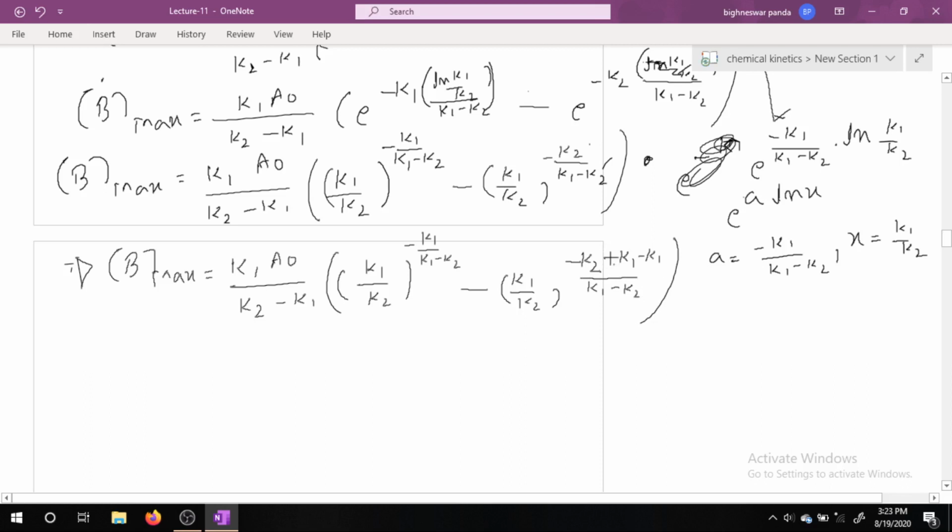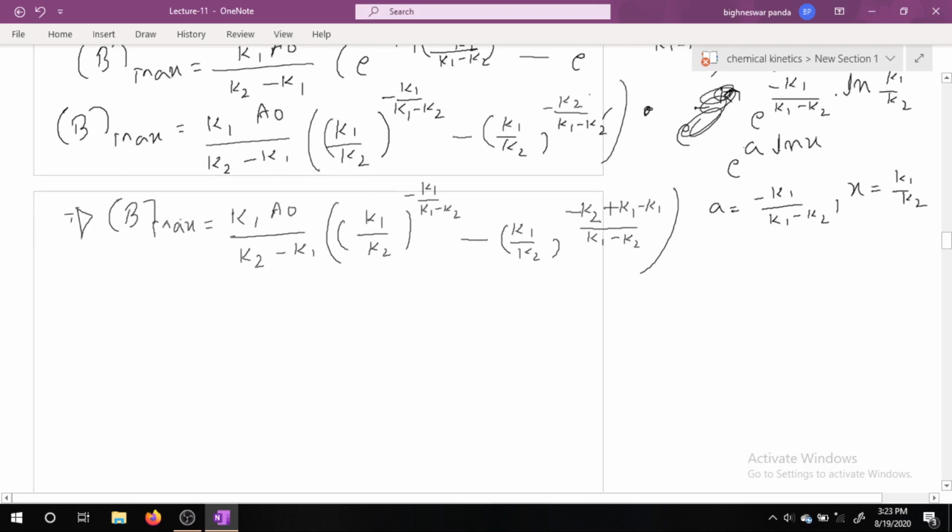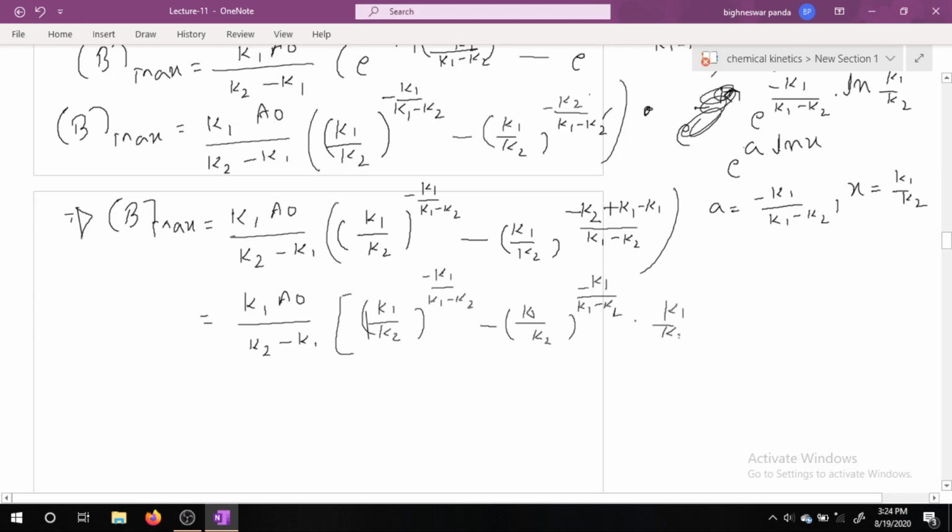Here I have added and subtracted a term. How does it come here?